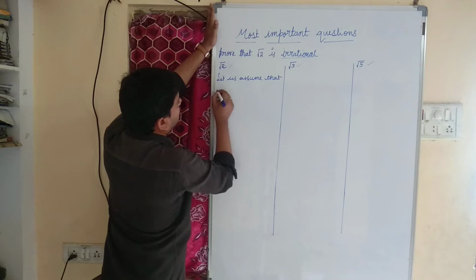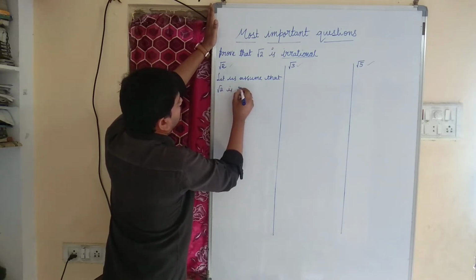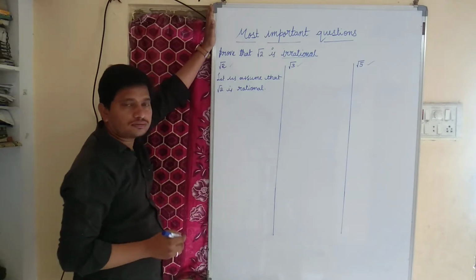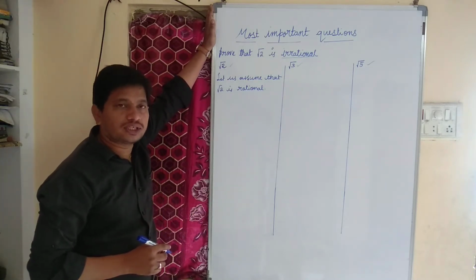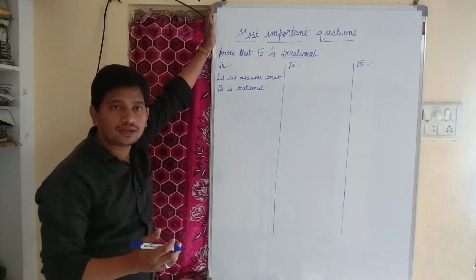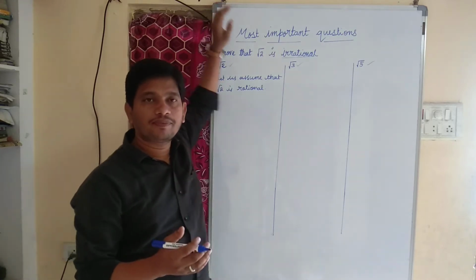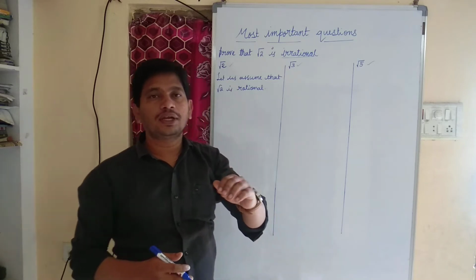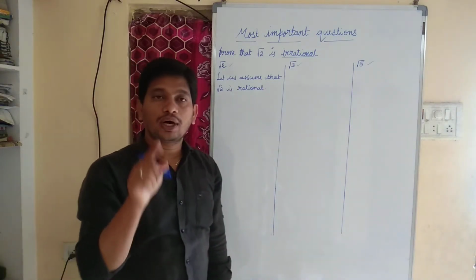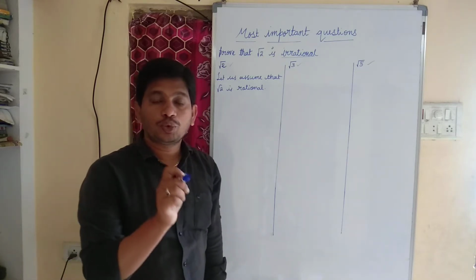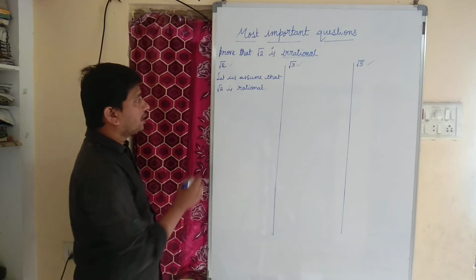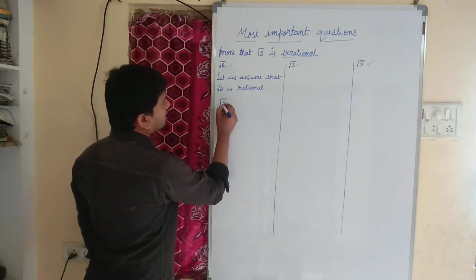As we know, rational numbers are the numbers which can be written in the form of p by q, where p and q are integers and q is not equal to 0. So our assumption is root 2 is rational.